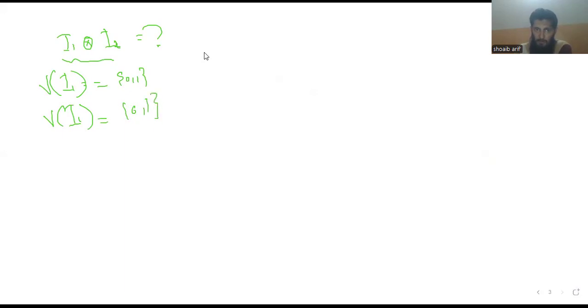According to the definition, the vertex set of I1 box I1 is V of I1 cross V of I1, which means we take the Cartesian product.